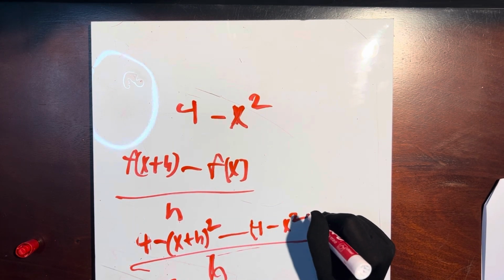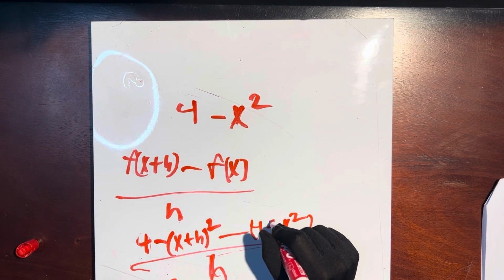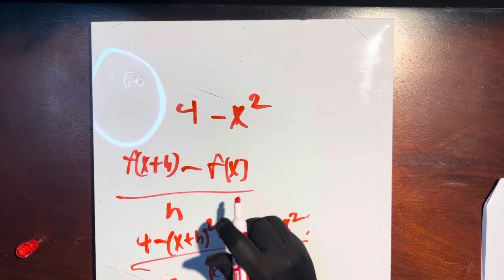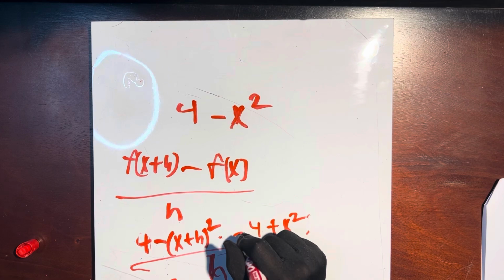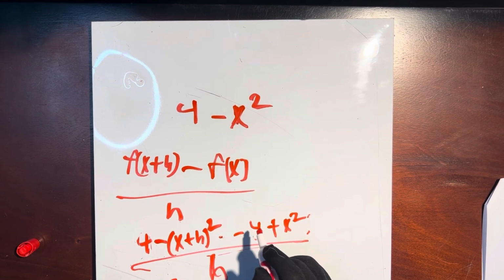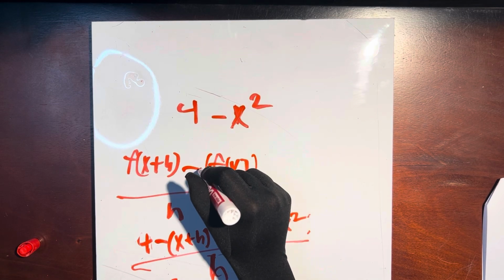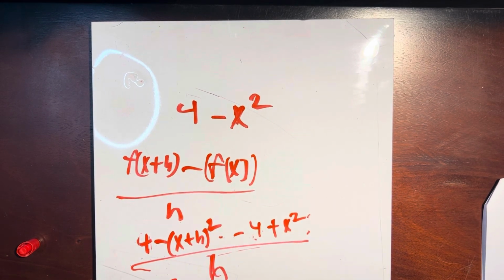You must multiply this out before you finish, making this a negative 4 and this a positive x squared. Very important. Do not forget that step. I should make it perfectly clear here. This means you are multiplying everything inside to the opposite form.